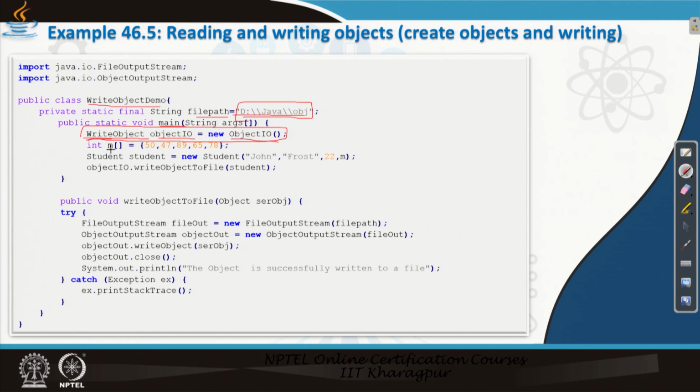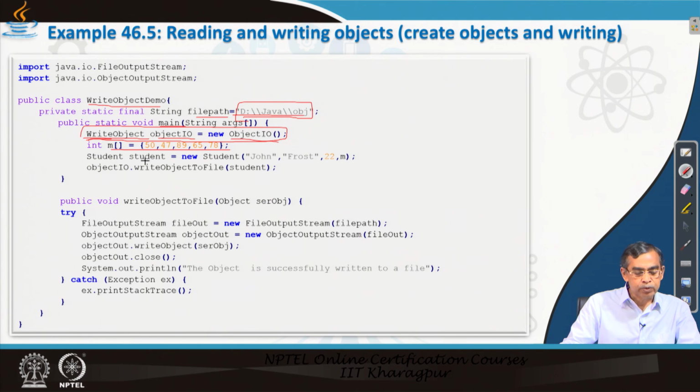Now, int m is the marks obtained by the student, and here one student object is created, passing the first name, last name, integer age, and the marks obtained in 5 different subjects. Now, for this object IO, we call the write object to file method, which we have to define later, passing the argument as a student. This will complete writing the object we have created into that file.